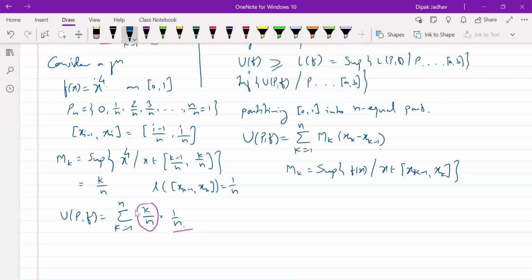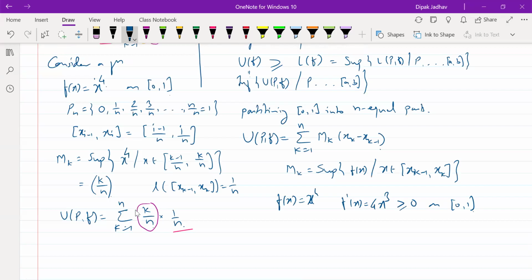Supremum of x raised to 4. So that will be again x raised to 4. f of x is equal to x raised to 4. The derivative is f dash of x equals 4x cubed, that is greater than or equal to 0 on the closed interval 0 comma 1. So there's a function whose derivative is greater than or equal to 0.